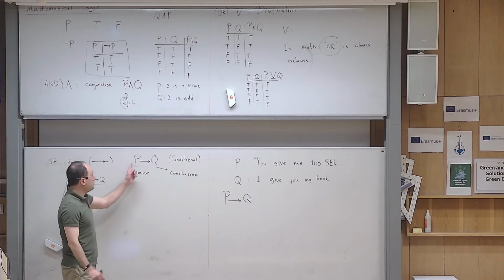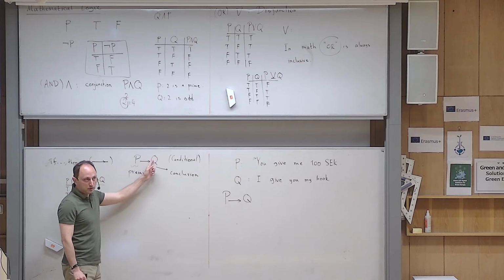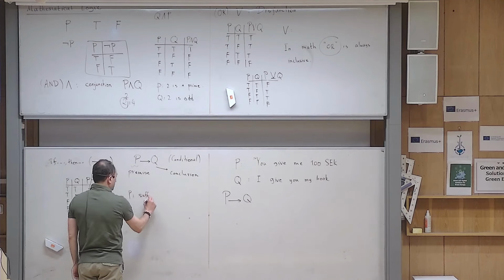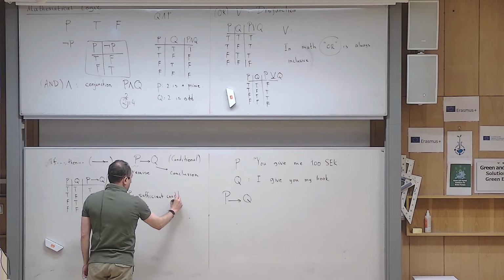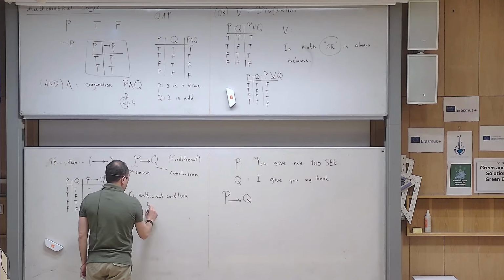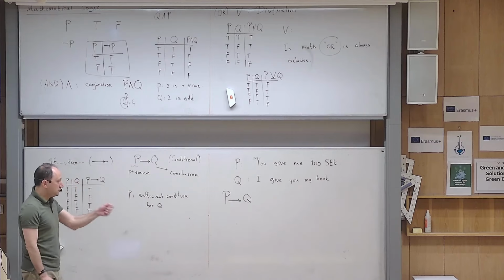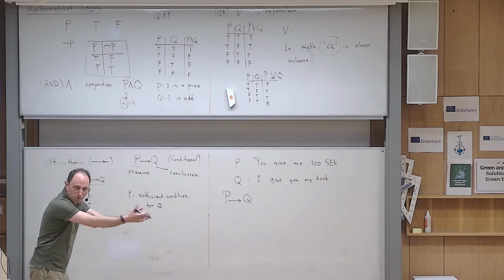Okay, we say P is a sufficient condition for Q. Okay? So P sufficient condition for Q. What does it mean? It means that if I see 100 crowns, it is sufficient for me to pass you my book.